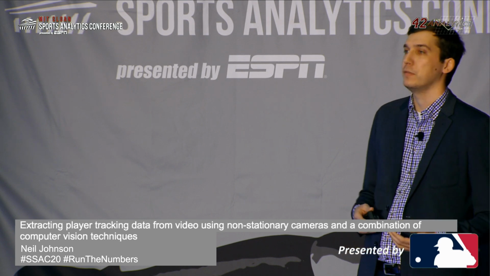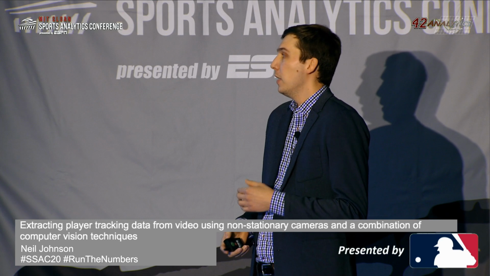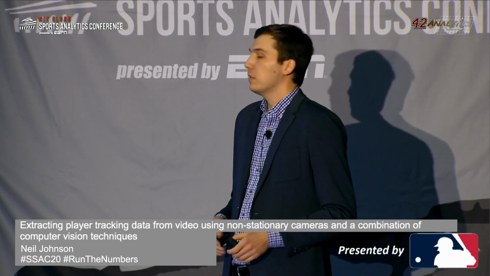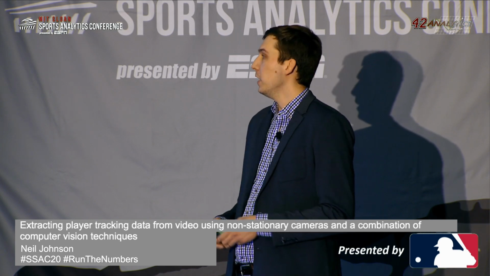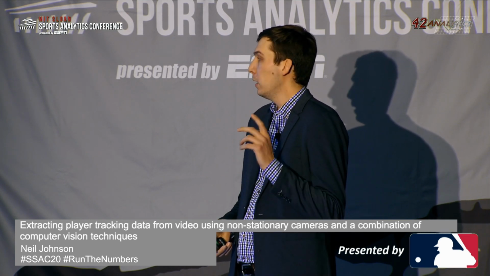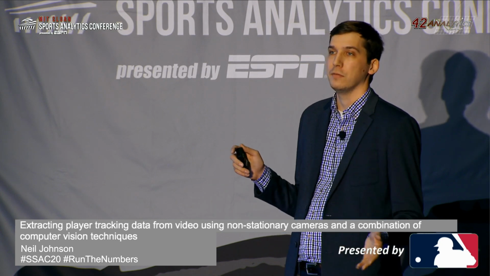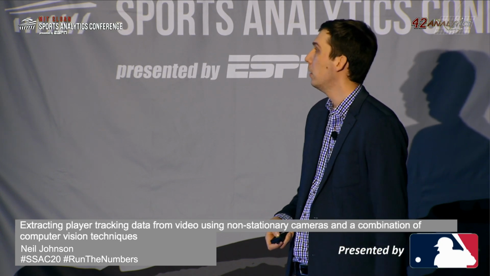If you're not familiar with the standard coordinate system for NBA's player tracking data, an NBA court is 94 feet by 50 feet, and 1 unit in the system is just 1 square foot in real life. And center court is 0, 0. So on the x-axis, it'll be negative 47 to 47, and on the y-axis, it'll be negative 25 to 25.